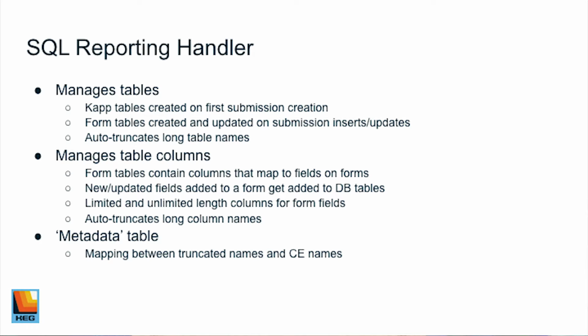So it will actually, on the fly, when a new submission is made inside of Kinetic Request, create a table for that form if it doesn't already exist. And if it does already exist, it will update it with any new columns that map directly to fields that are on the form.